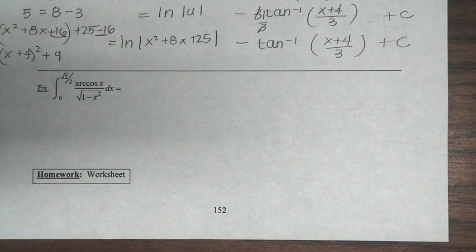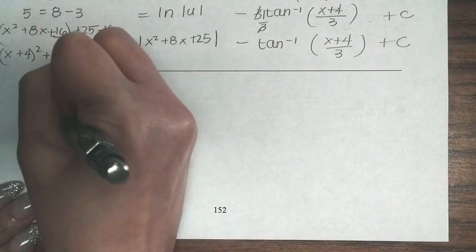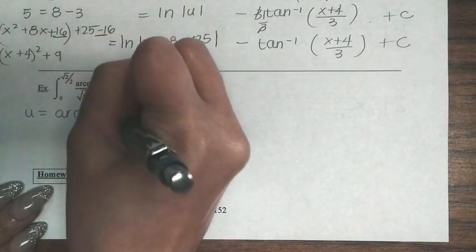Integral from 0 to root 2 over 2 of arc cosine of x divided by the square root of 1 minus x squared dx. What I told you should always be your first shot: u substitution. What would be the u substitution here? The u, I would do the arc cosine of x.